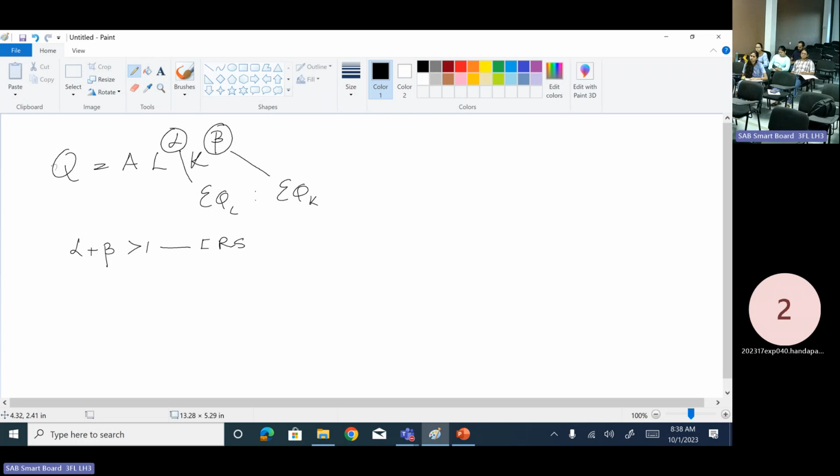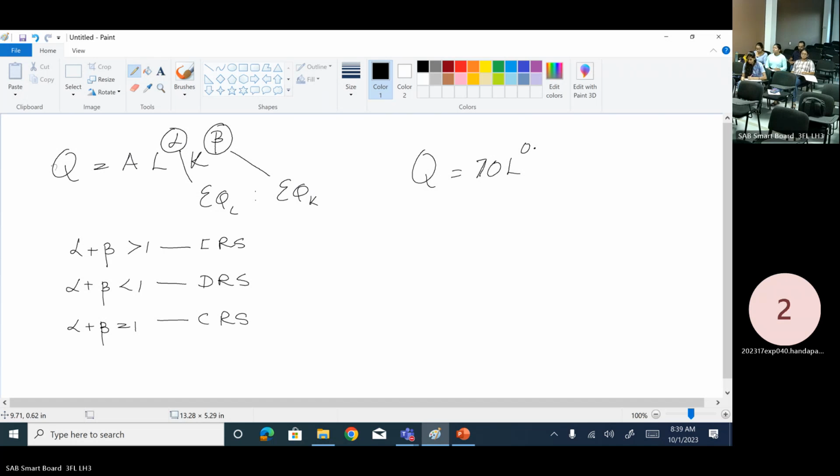Because with respect to changes in the inputs, the output change is more powerful. If alpha and beta sum to less than 1, that explains decreasing returns to scale. If alpha and beta sum to 1, that explains constant returns to scale. For example, take a production function Q equals L to the power 0.7, K to the power 0.2.